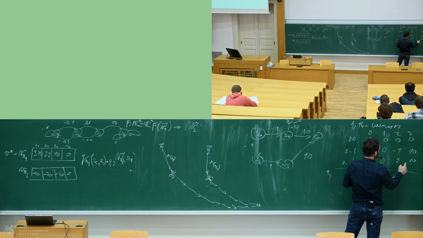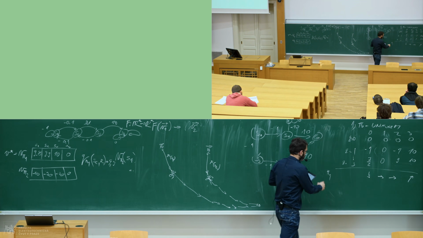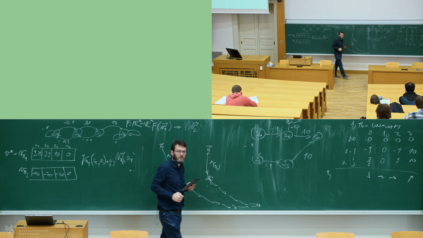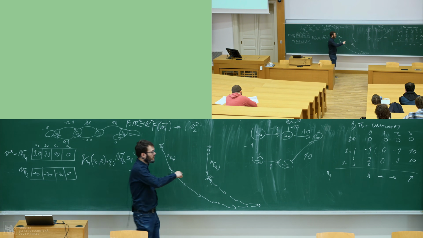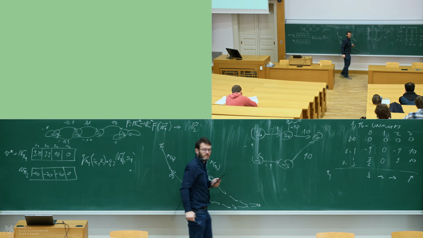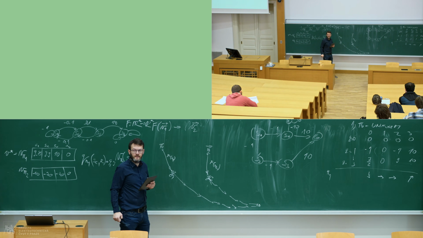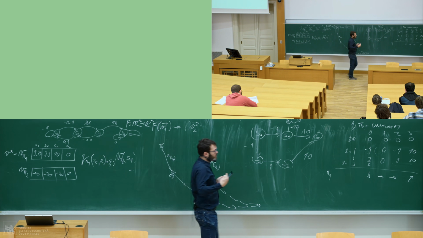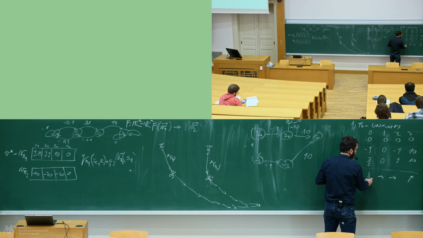And of course, from S3, we will just go to the goal. Right, so this would be our new policy Pi1, which is greedy with respect to the value function of Pi0. And then we continue again with evaluating this policy.